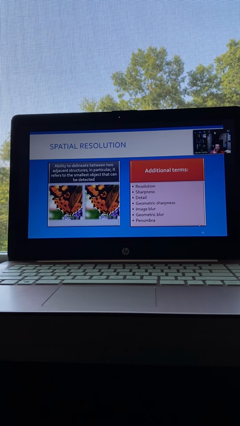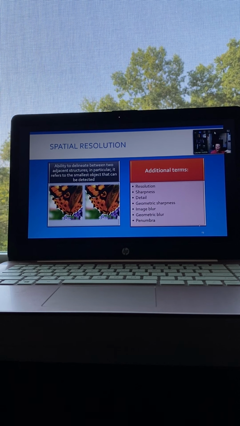Because remember, for attenuation, we have two things: Compton and photoelectric. So what's more likely with a larger body part? Compton? Yeah, Compton. Because of the high water content, those outer shell electrons are very easy for them to be knocked out of orbit. So we get a lot more scatter generated with larger body parts than we do with extremities.